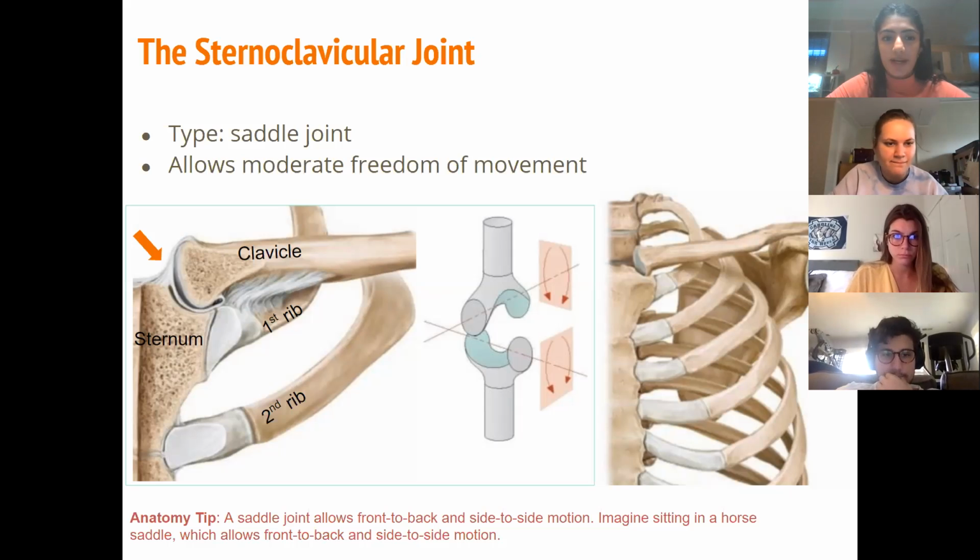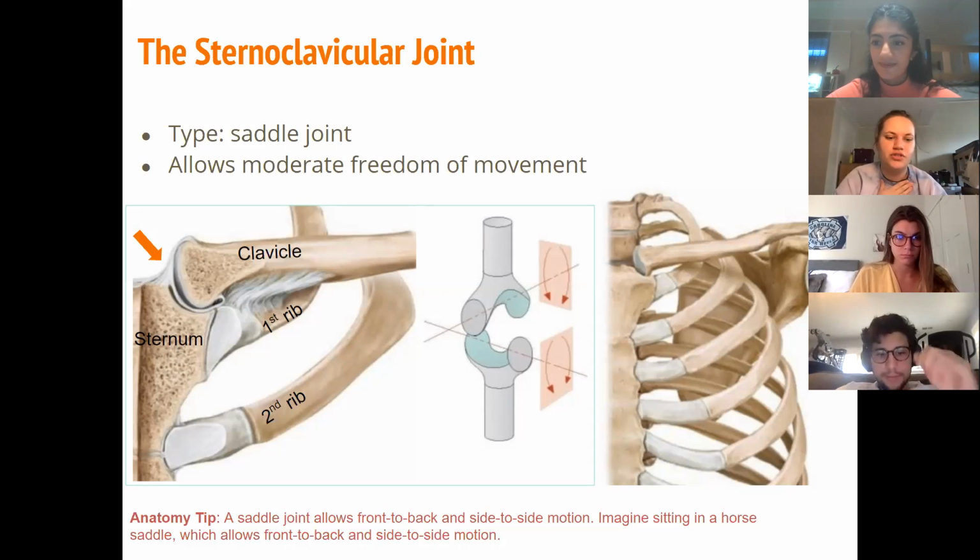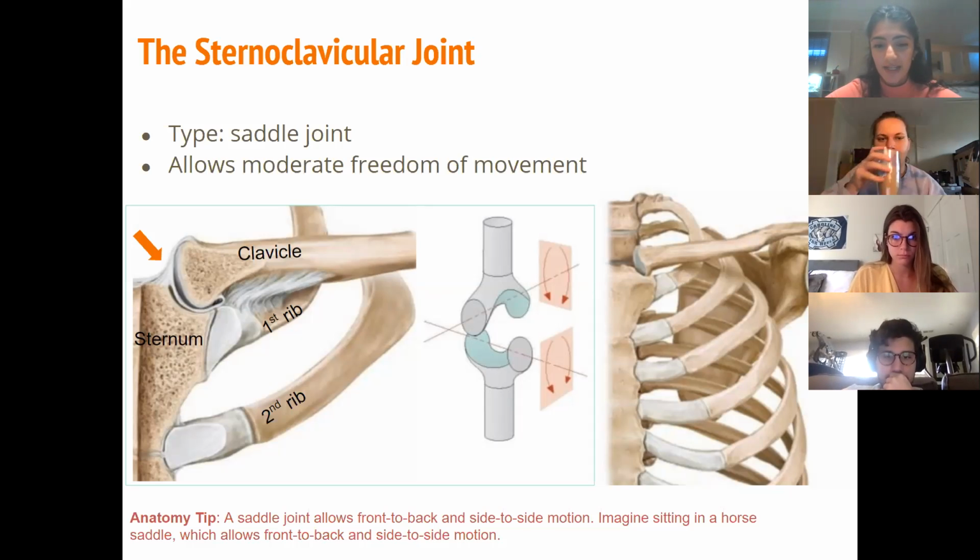So we have 4 different ways that the saddle joint can move. A saddle joint usually moves from front to back and side to side, but doesn't the clavicle usually just move front to back? Thank you, Caitlin. Yes, the saddle joint will move front to back and side to side, exactly right.